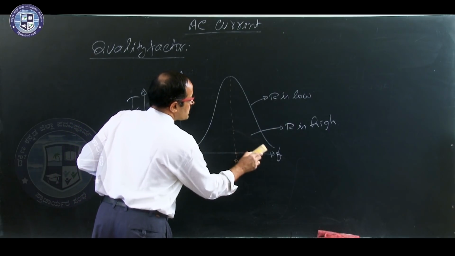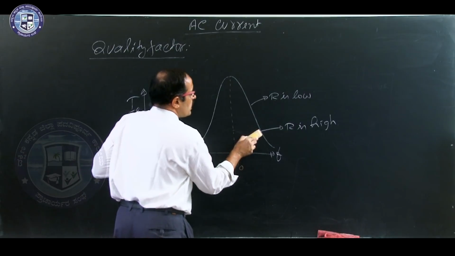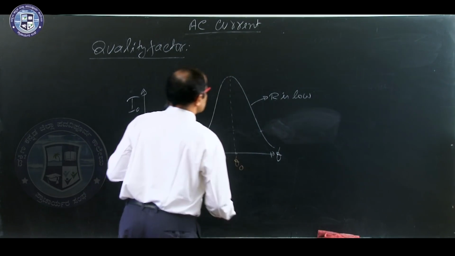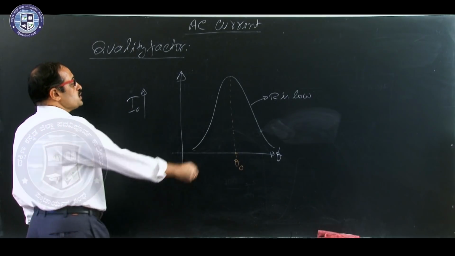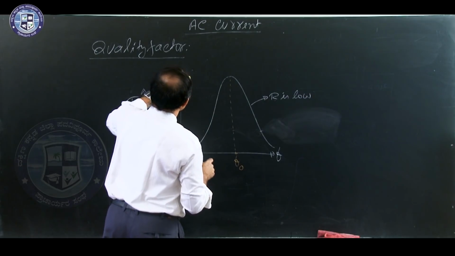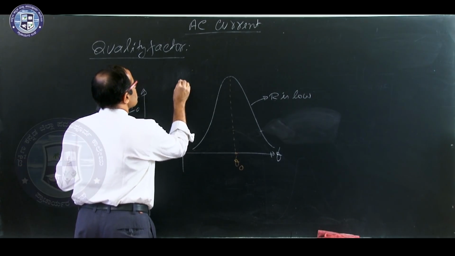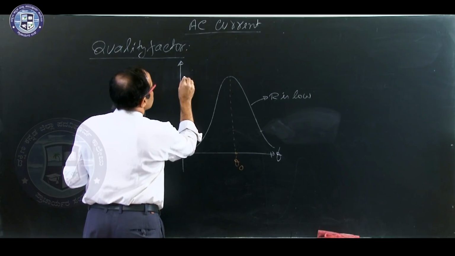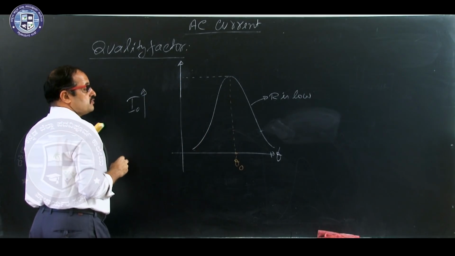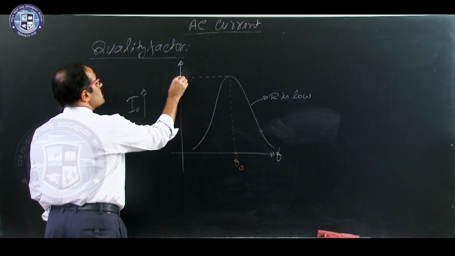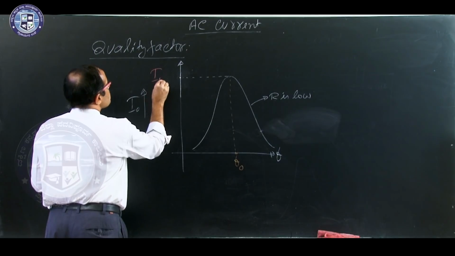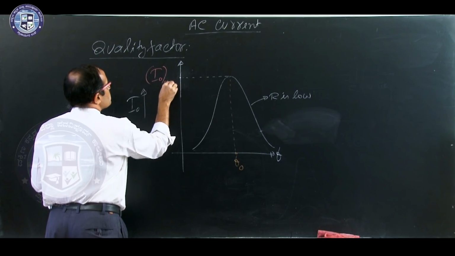Calculation of quality factor. We take only one graph, not both. So, this one is enough. Now, at resonance current will be maximum, in my example it is 20 ampere for the first circuit, but generally we write it as I naught maximum.